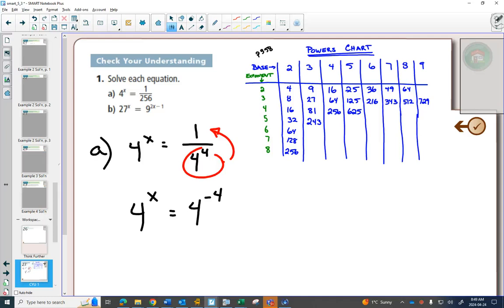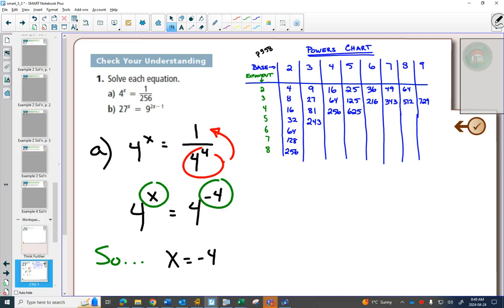And at this point, just by observation, this is not a mathematical step, so I'm going to go x equals negative 4. Because right now, we have nothing that we know how to do mathematically to get rid of these 4's on the bottom, other than just observation.